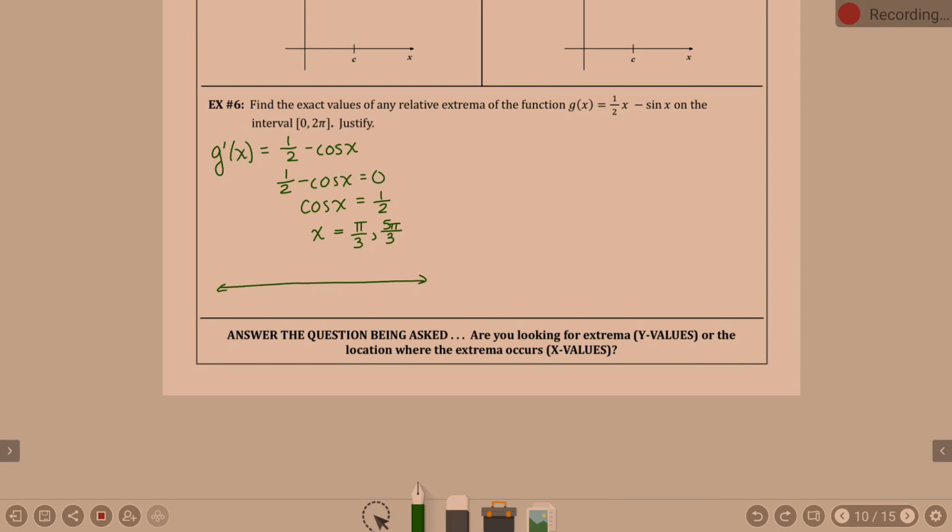Okay. With this sine chart, pi over 3 and 5 pi over 3.